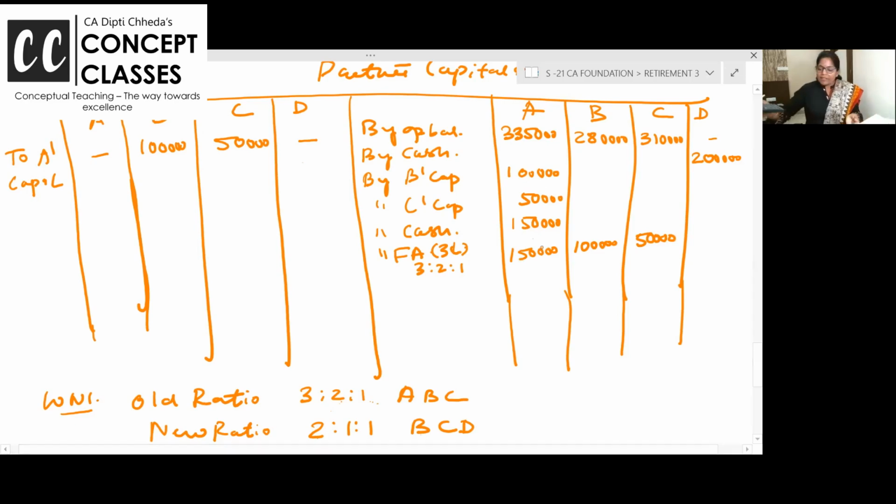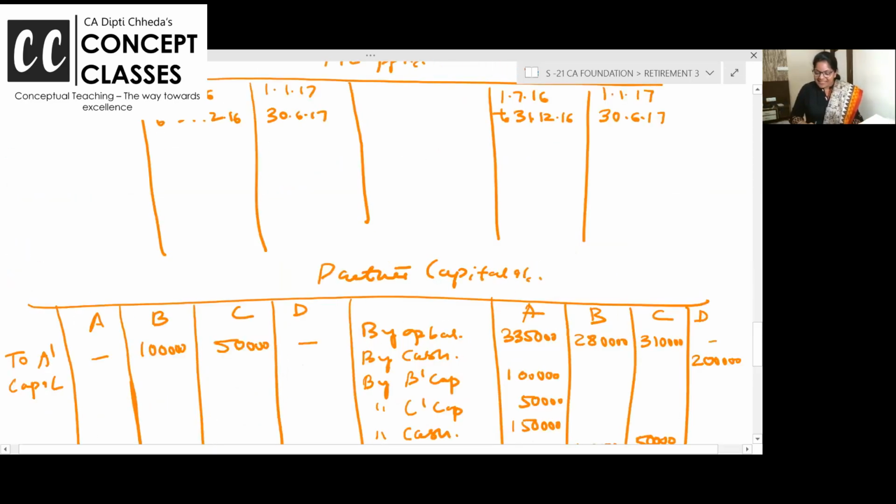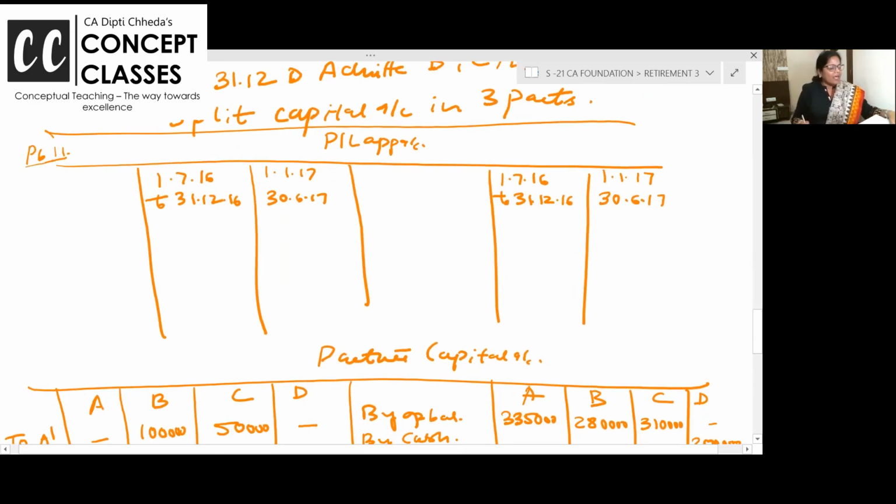Now, that crucial part, we have divided the P&L account and total profit, net profit is 4 lakh. Can we write 2 lakh and 2 lakh at both the places? Yes. Now, in the first half, you had not written off bad debt.